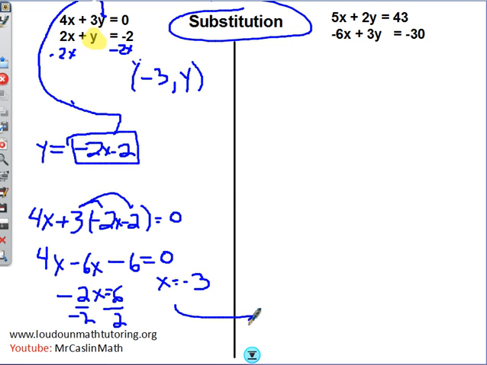Okay, I'm going to continue here over on this side. Get 2 times negative 3 plus y equal to negative 2. Excuse my writing, I'm still writing with a mouse, not very good at it. All I did was stuff this x equals negative 3 into that x.